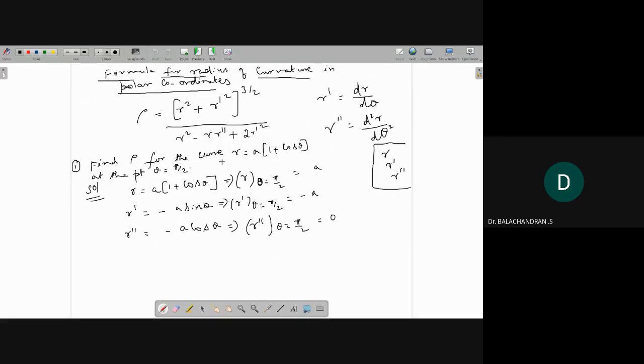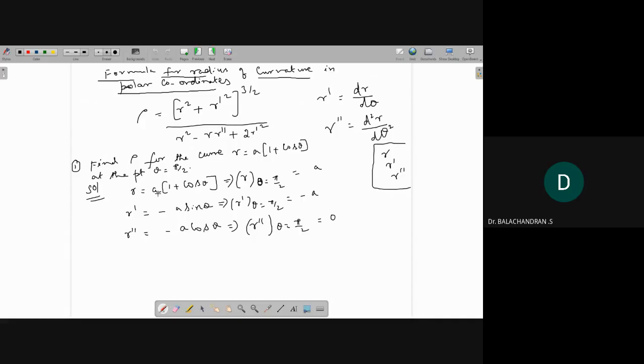Find rho for the curve r equal to a into 1 plus cos theta at the point theta equal to pi by 2. The curve is given, and the point is also given.